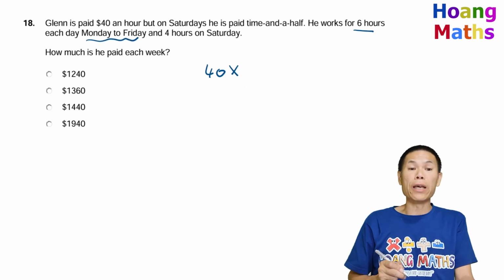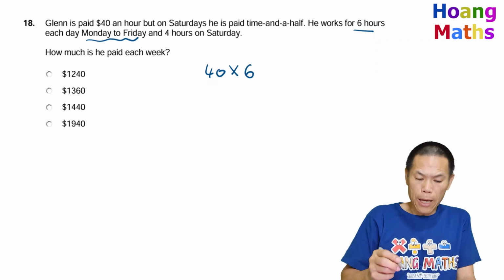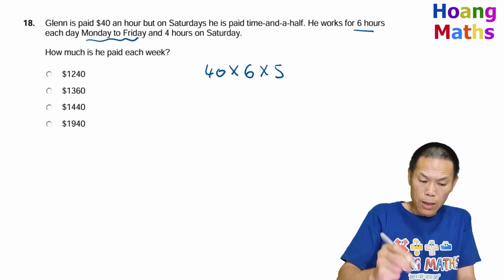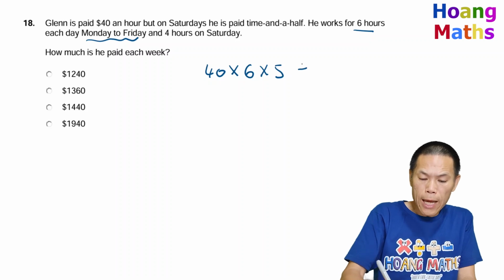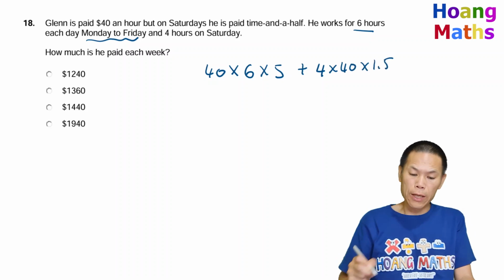So that is 5 days. So we just work out 1 day first. So times by 6. And then we times by 5 because there are 5 of them. That is weekdays. And on Saturday, he worked 4 hours. We times 40 and we times 1.5.